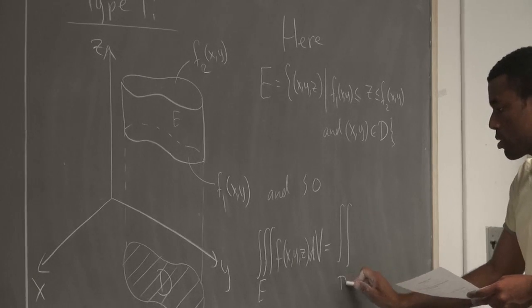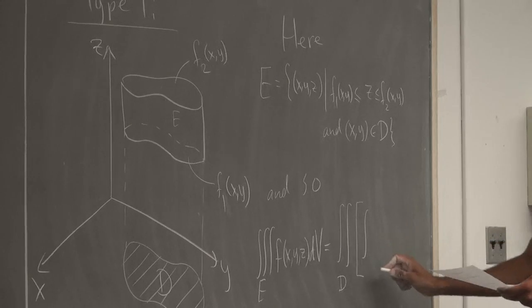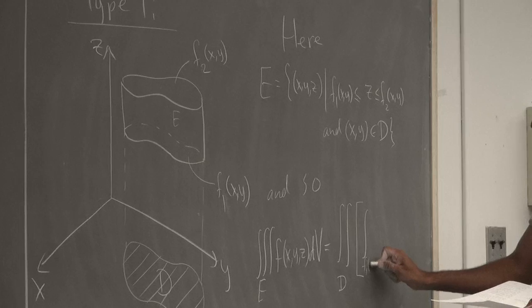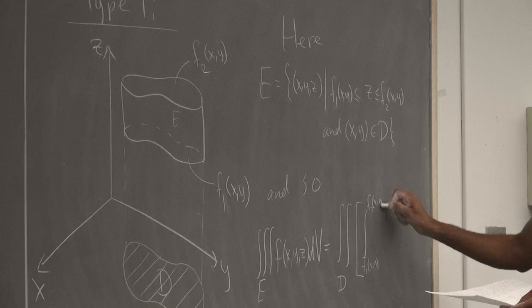You're going to have the double integral over D, and inside you're going to have the third integral, which goes from f1 of x, y up to f2 of x, y.